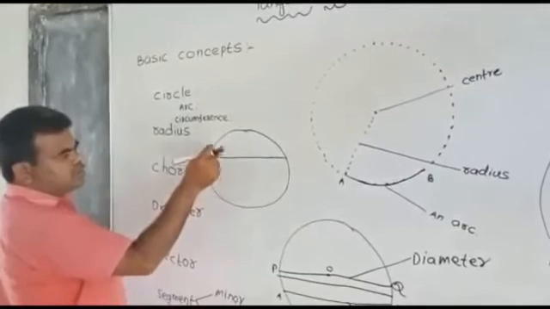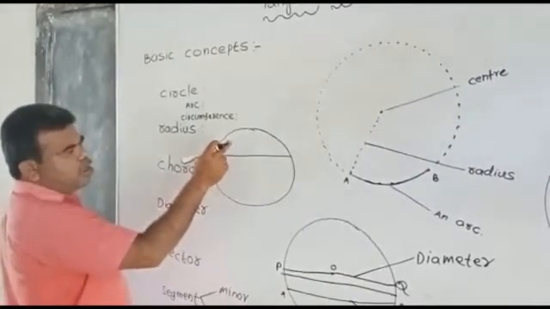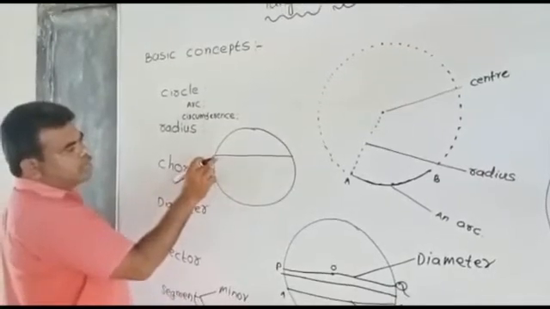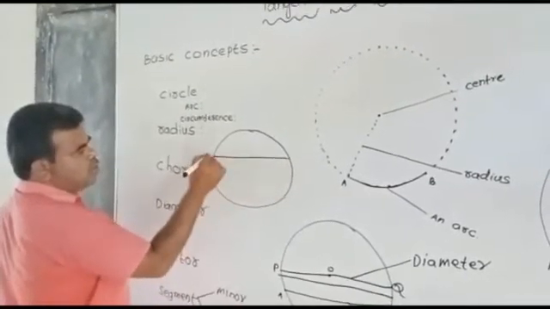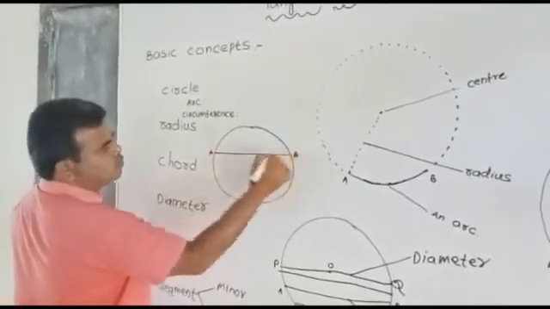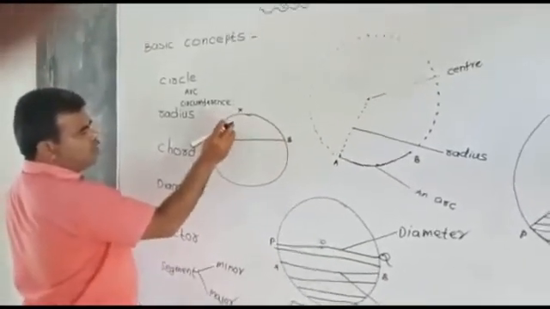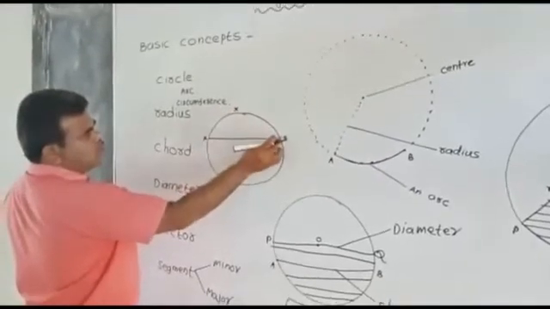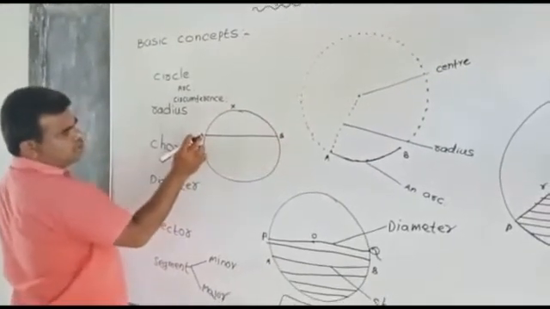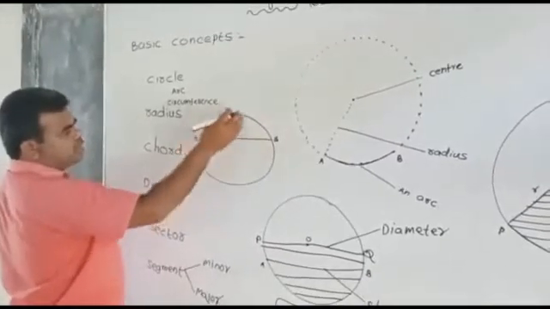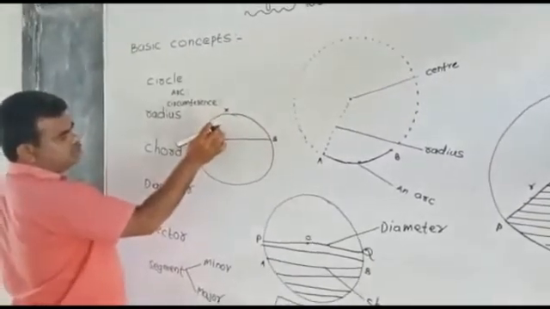Here it is the chord AB. The combination of the arc AXB and the chord AB is known as the minor segment of this circle.